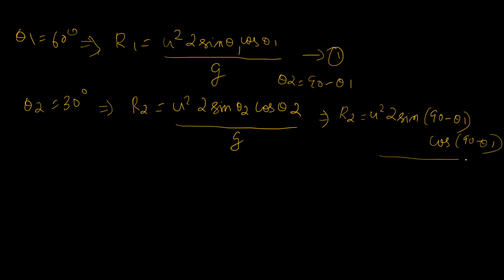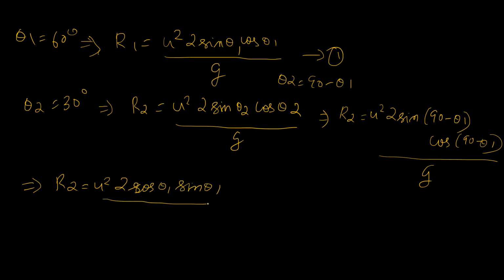Implies R2 is equal to u square 2 cos theta 1 sine theta 1 by g, which is the same as u square sine 2 theta 1 by g. Isn't that equal to R1, which is equation number 1, right?